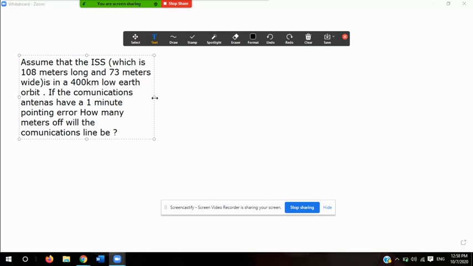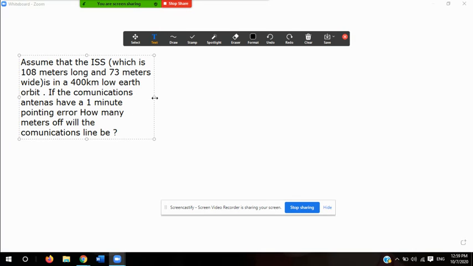So we're talking about the International Space Station, and about the fact that it's in a low Earth orbit. And the antenna is pointing with a 1-minute measuring error. Let me explain that to you real quick, because I know it sounds confusing, but it's actually a lot simpler than the problem makes it out to be.